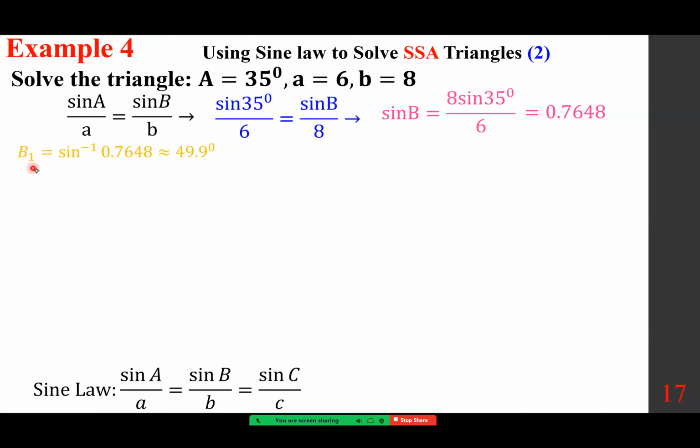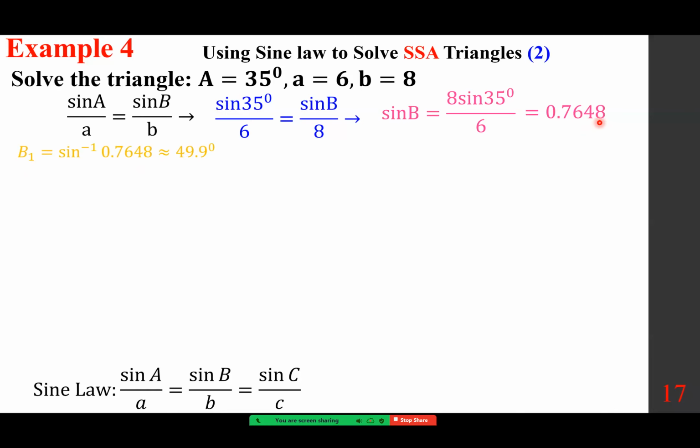I'm going to call it B sub 1 because sine inverse gives me a unique answer in the first quadrant. But as you know, sine is positive in the first as well as the second quadrant. So if I subtract this from 180, the angle also has a sine equal to this number.